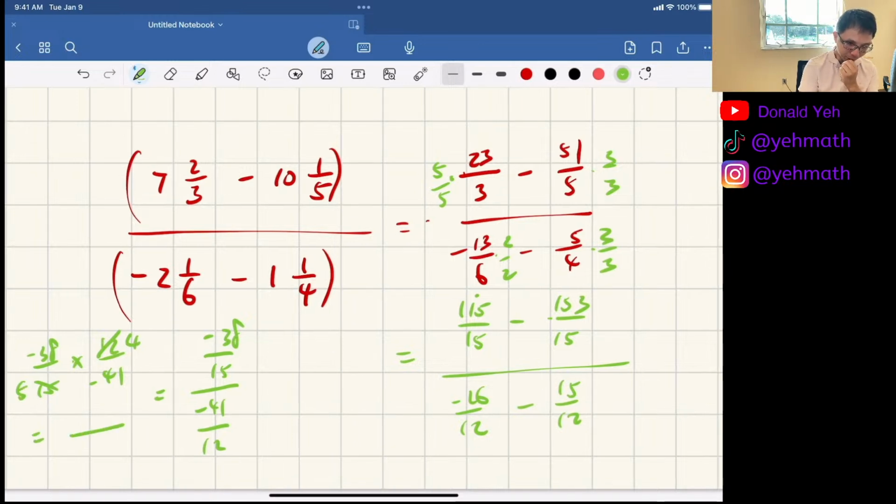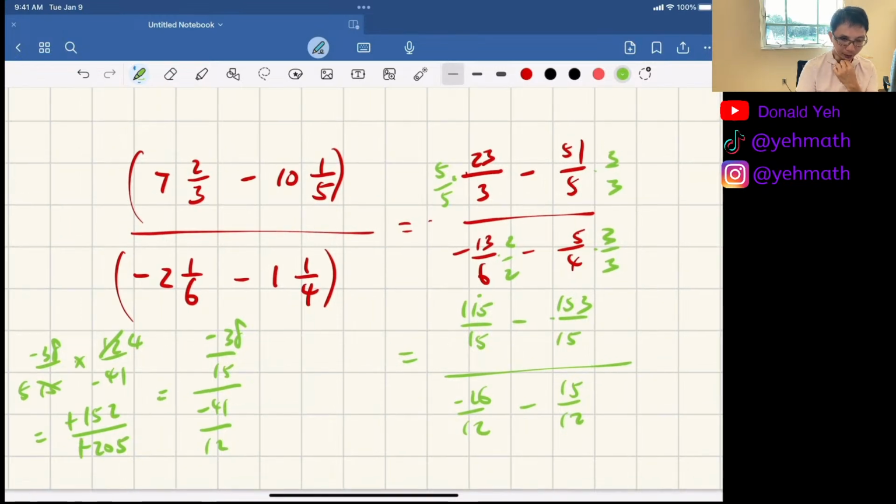So that is left with negative 205. Am I doing okay? 38 times 4 is what? 152. Yep. But it's negative, so the answer is going to be positive here. So it'll be 152 over 205. You got it? Good. Thank you for catching my mistakes, but sometimes my eyes go twist.